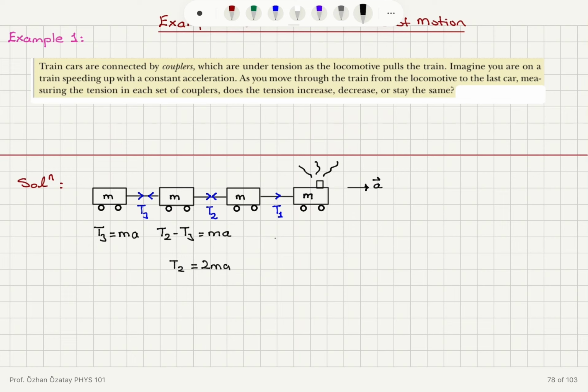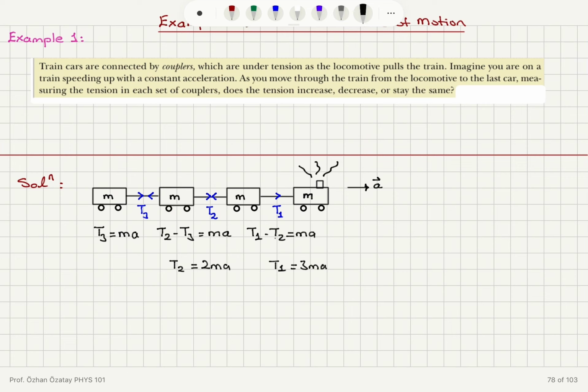Now I go to the next one. The next car is here under the influence of T1 and T2. As you can see, the net force acting on this is T1 minus T2 equals ma. So therefore, I will see that T1 must be equal to T2 plus ma, which is 3ma.